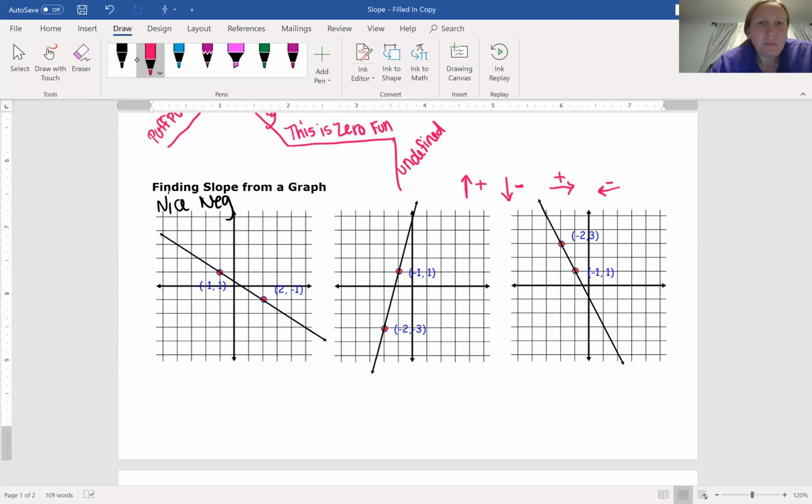We're going to pick a point, and I'm going to start with this top one. You start at that point and go straight up or straight down until you're even with the second point. To get there I need to go down. We go down 1, 2. So we went down 2, which is -2. Remember, slope is rise over run, so up and down, then left and right.